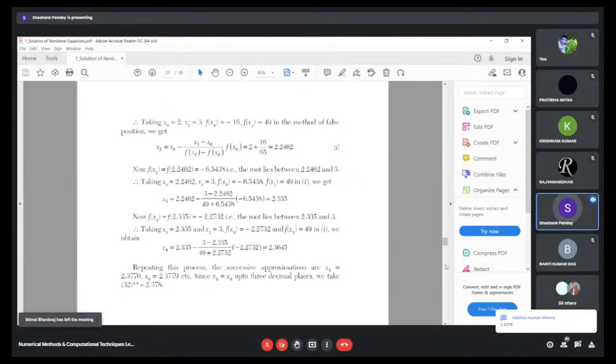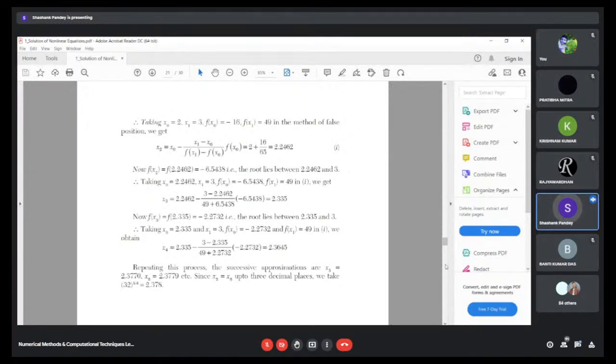So if we perform the iteration as per the regula falsi method, we get x2 as 2.2462. We calculate the value of the function at x2, f of x2, and see that it comes out to be a negative value. That means we are sure that one of the roots will be lying between 2.2462 and 3.